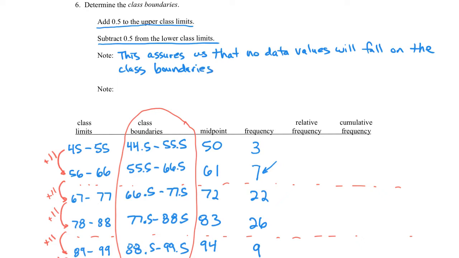And again, that'll make sense when we actually draw one of these. And it does one more thing, and causes the bars of the histogram to touch, which is what we want.